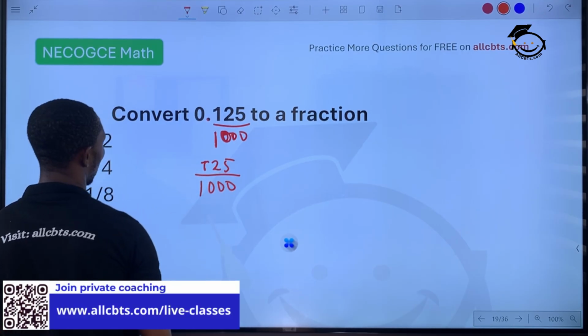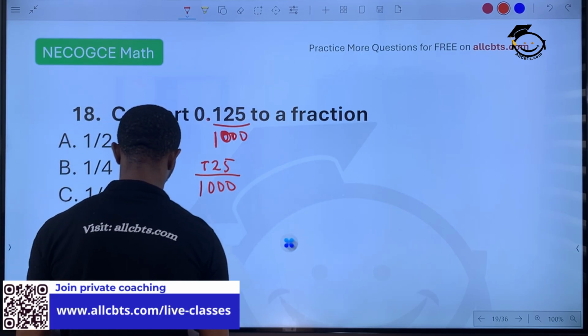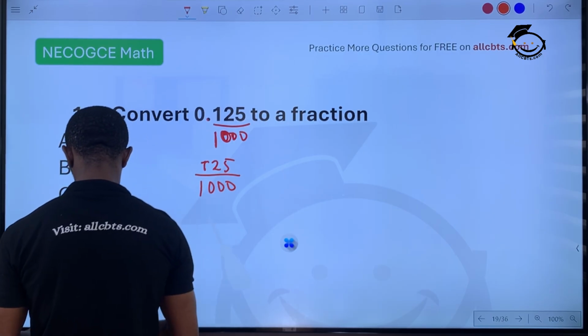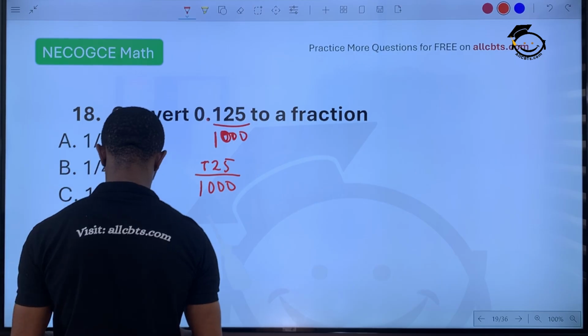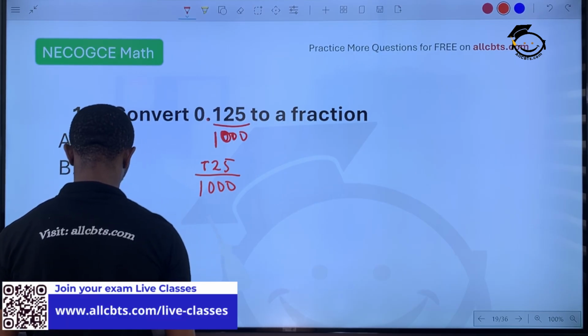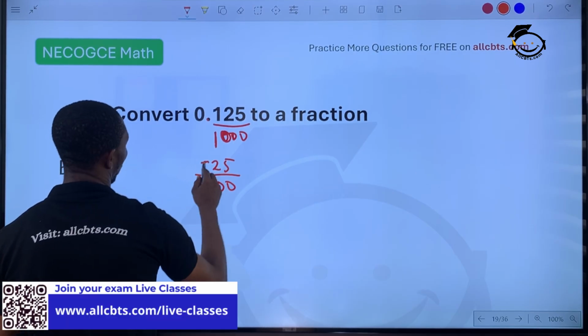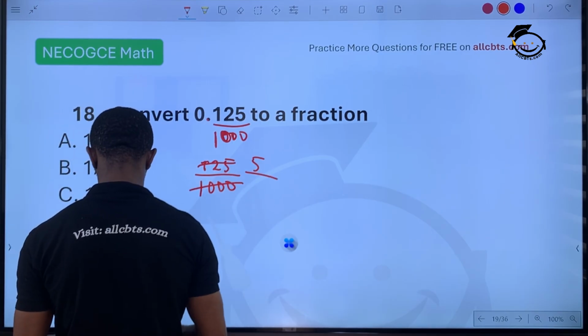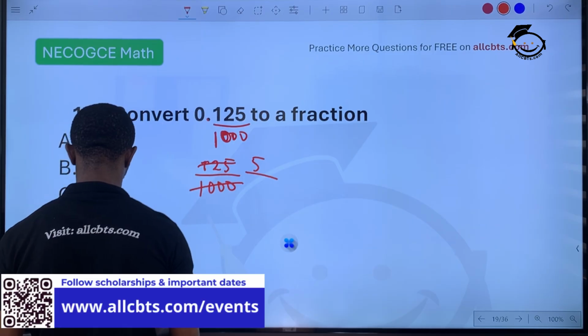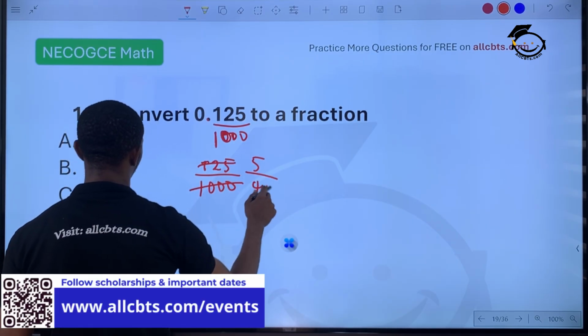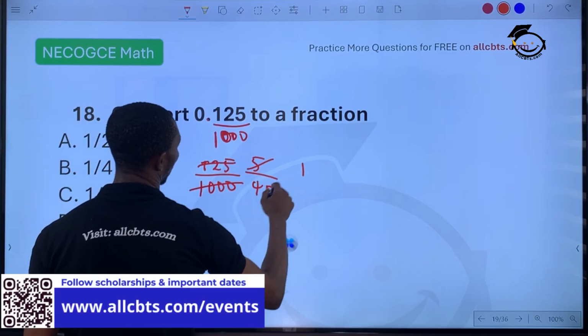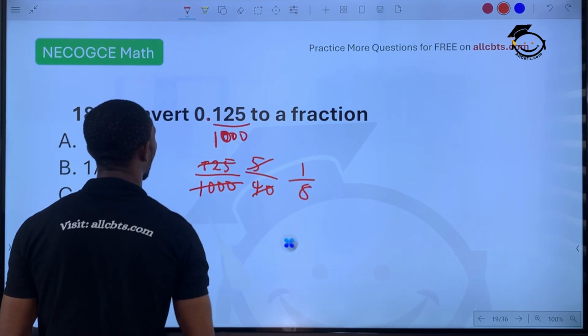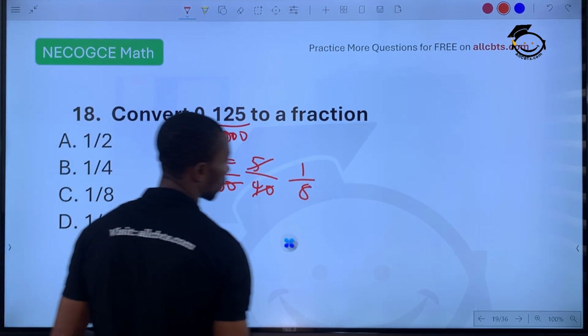Now let's break it down. 125 divided by 25 gives us 5. 1000 divided by 25 gives us 40. Okay, 5 here gives 1, 5 here gives 8. So our answer will be 1 over 8.